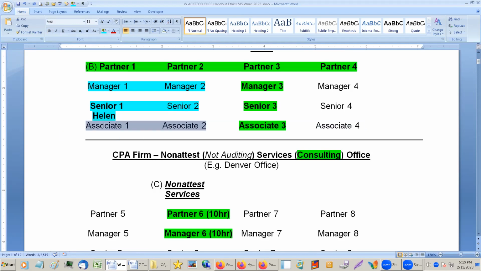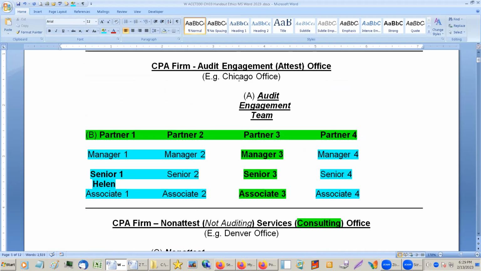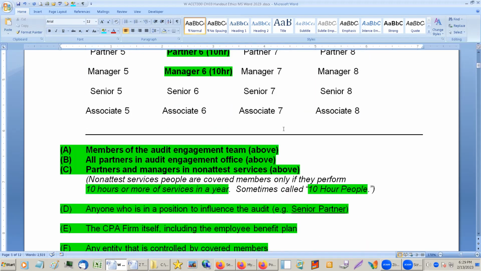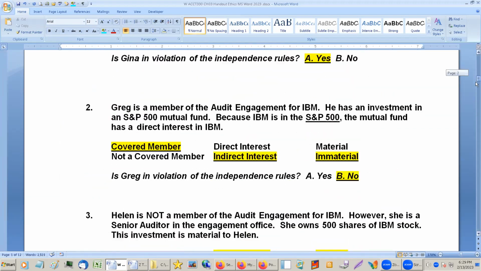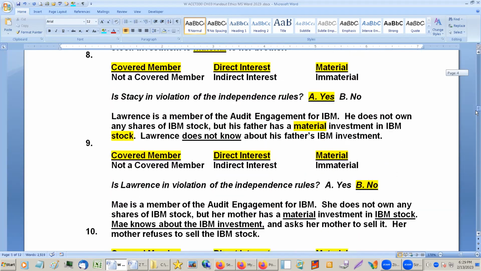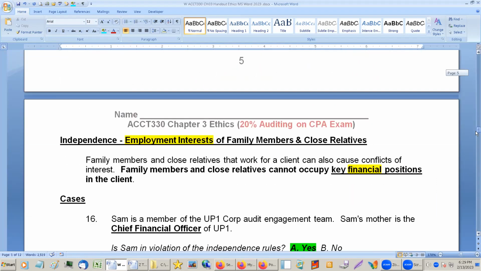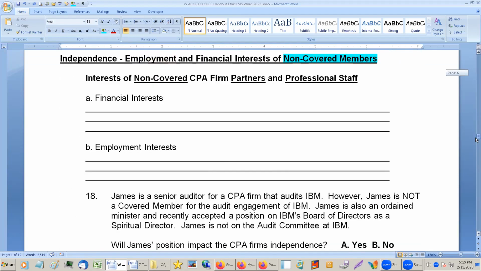They can do whatever they want? And the answer is there are some rules. They're much more lenient, but these other people that are not part of the covered members also have rules. So if you're not a covered member, it doesn't mean that you can do whatever you want. There are some limitations.